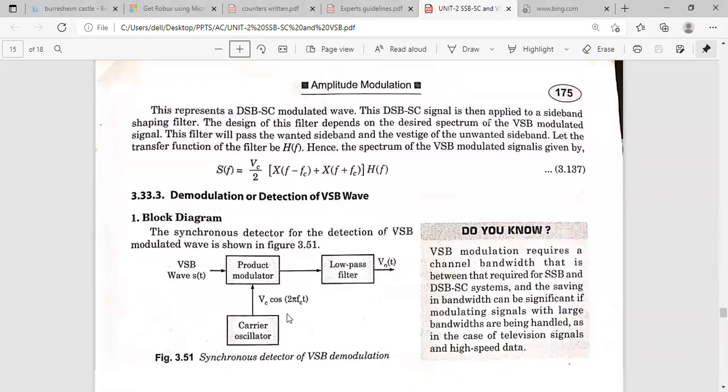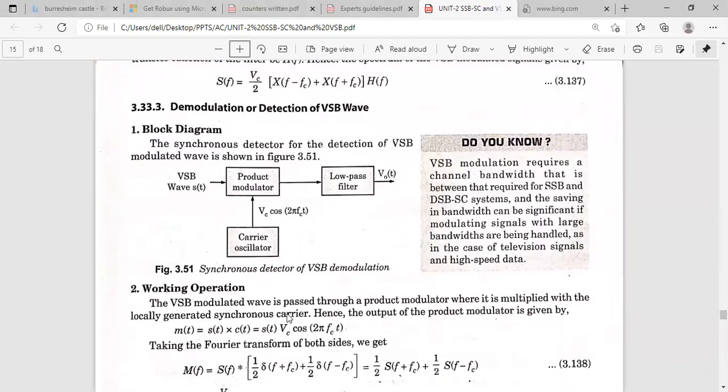Okay, and next, detection. Detection is also like SSB, coherent detection or demodulation, so we need a product modulator for this. The product modulator takes the vestigial sideband wave as input and a carrier oscillator. The frequency and phase of the carrier taken here should be synchronized with the frequency and phase of the transmitter carrier. This is the low pass filter.